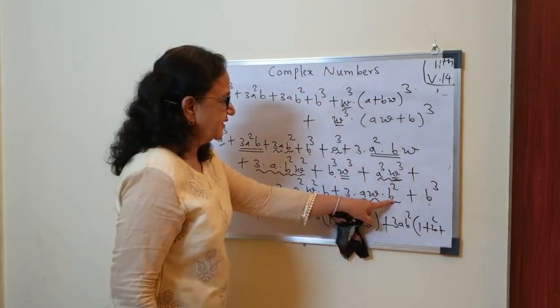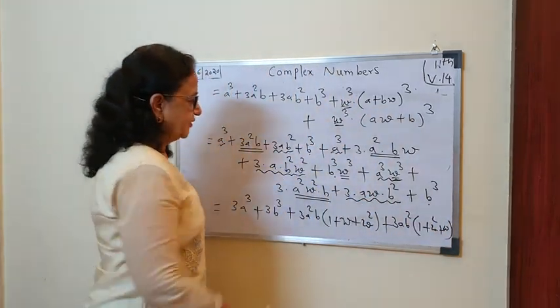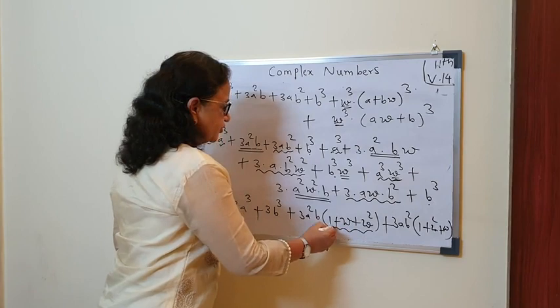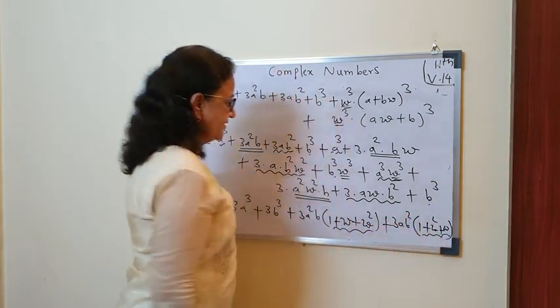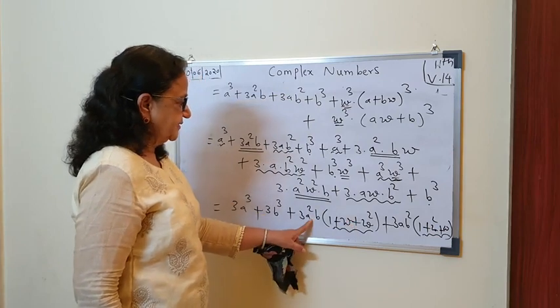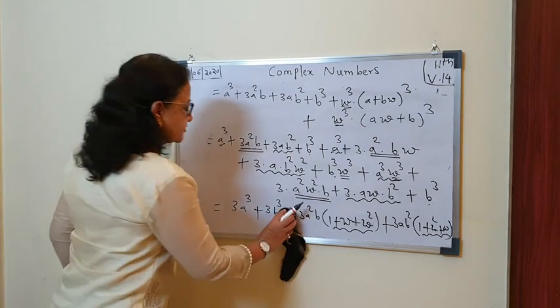And 3ab square, so omega remains. And do you observe 1 plus omega square is always 0. 1 plus omega square is always 0. 0 into anything is 0. So last both terms become 0.